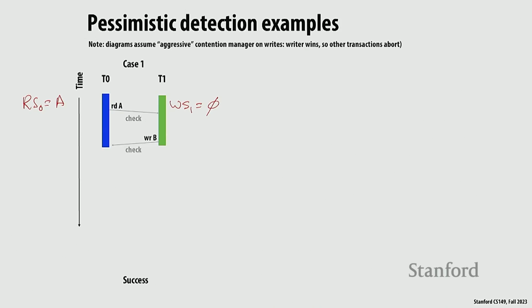And here, with this access, the write set of transaction 1 is B, and the read set of transaction 0 is still A, and the write set is empty. So again, no conflict, right?